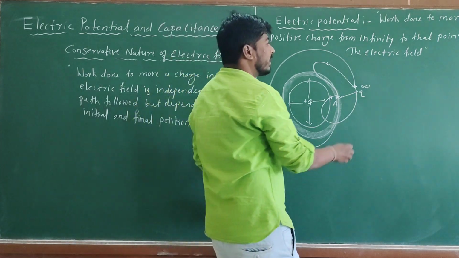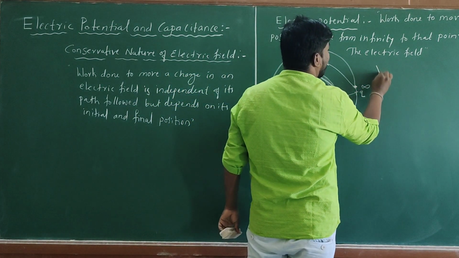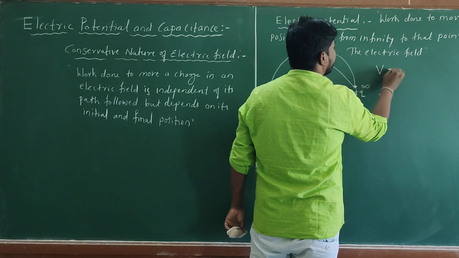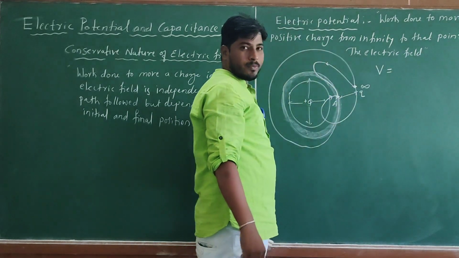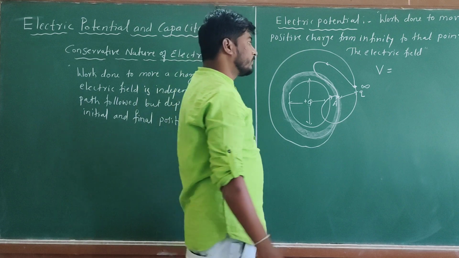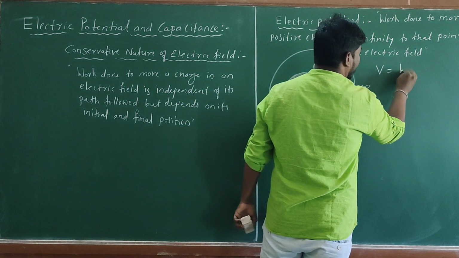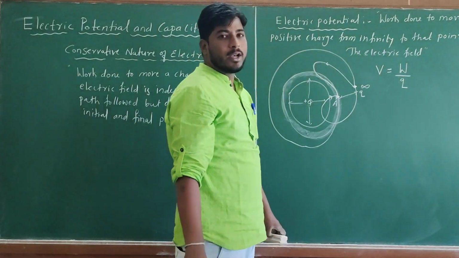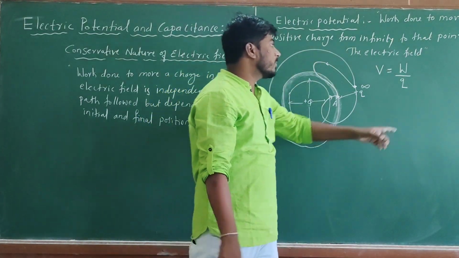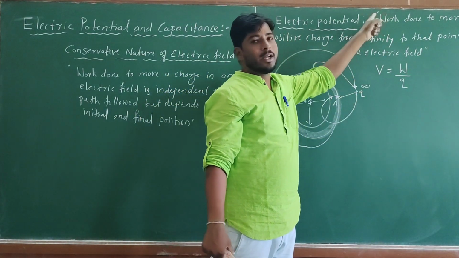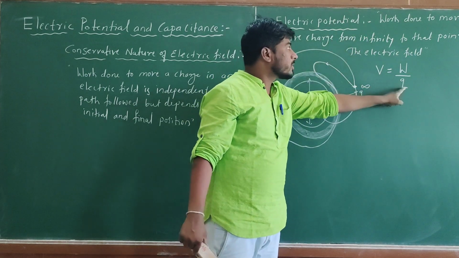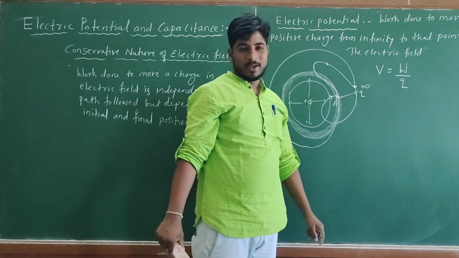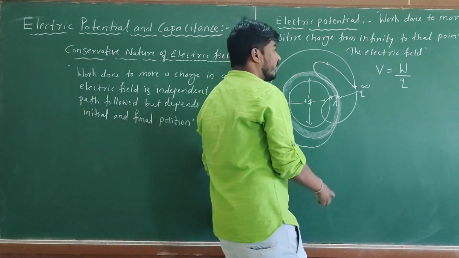Right? So electric potential is denoted by the symbol capital V. V is equal to W divided by Q. What is W here? W is the work done to move the unit positive test charge from where?